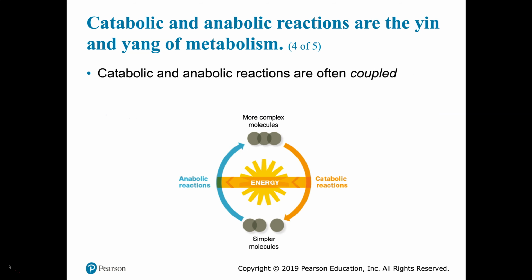This is really common, this image. I really like this image. It shows you that catabolic and anabolic reactions are what we call coupled, meaning you have one happening and the other one will happen as well. So for every catabolic reaction, you're going to have an anabolic one. Not every single time, but pretty close. So you're going to break something, build something, break something, build something, over and over again.